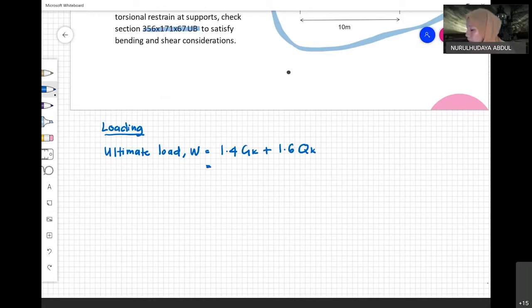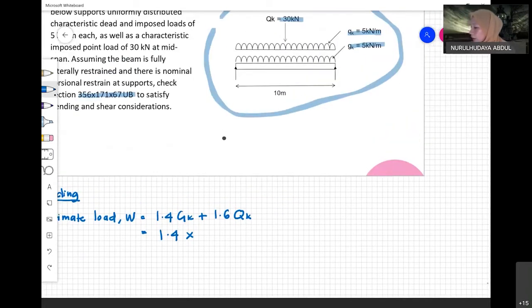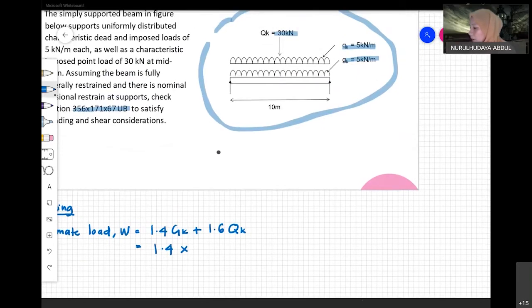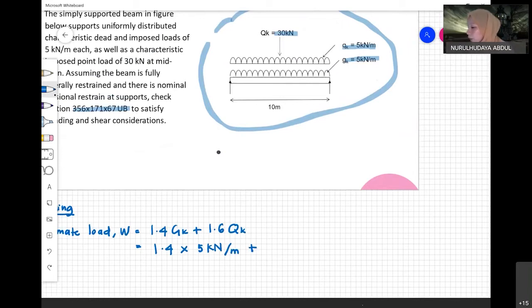And right now we have 1 UDL, dead load which is 5 kilonewton per meter. So we have this 5 kilonewton per meter as a dead load for UDL. And for UDL pun kita ada satu lagi which is imposed load, 5 kilonewton per meter juga.